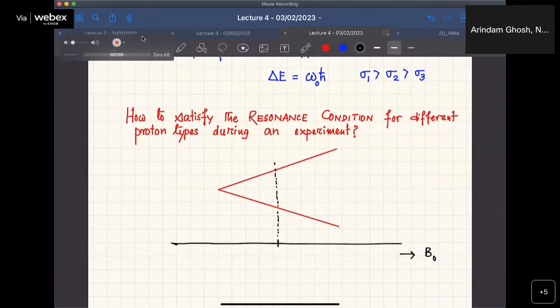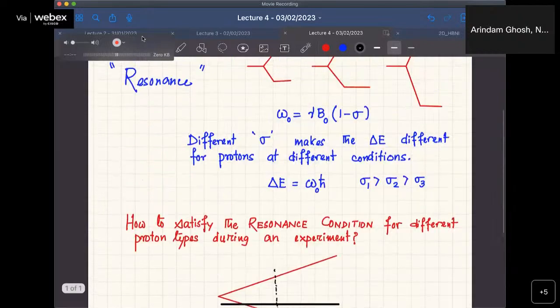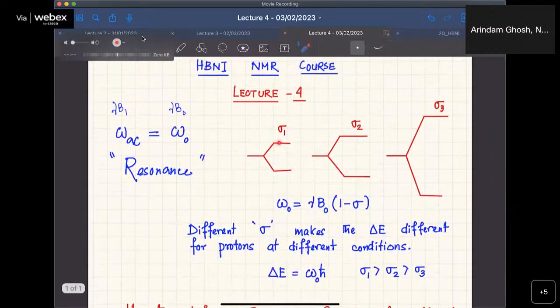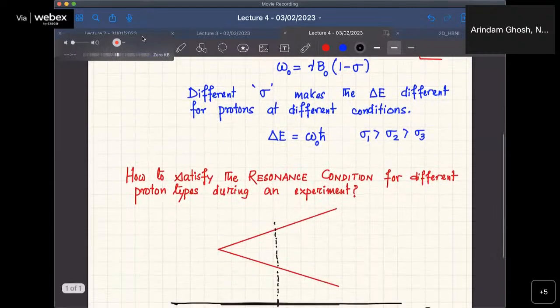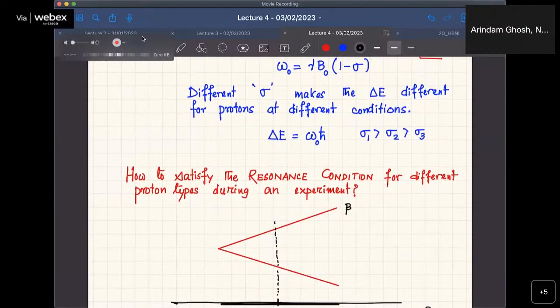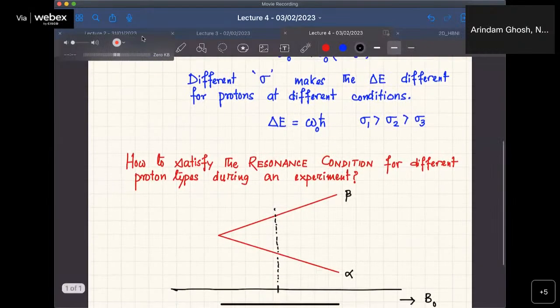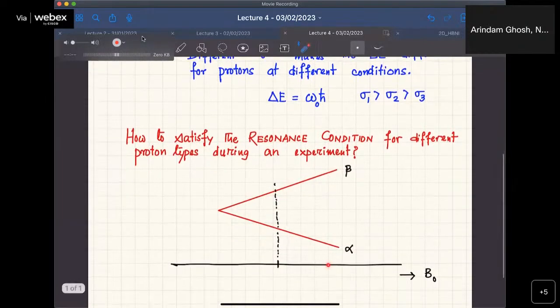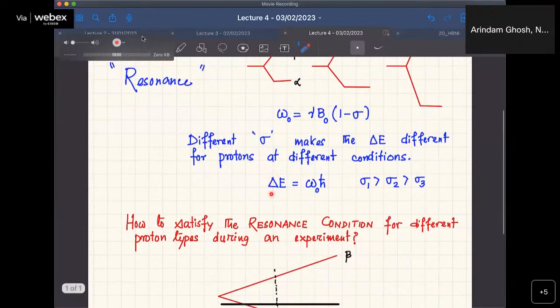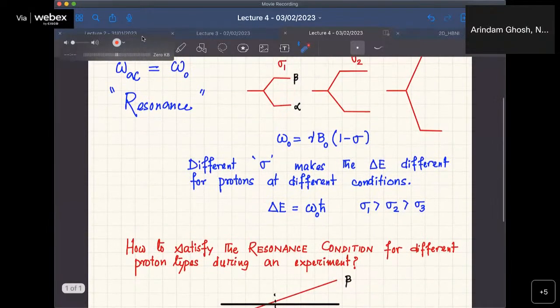And what I have drawn is the energy, this particular level. So basically this is the top level and this is the bottom level. We have already seen that this top level is called the beta and this is called alpha, the lower one. So I have just tried to draw this beta and alpha, and the separation between the beta and alpha is progressively increasing as we are increasing the B0, because obviously the delta E between the two levels is proportional to B0.